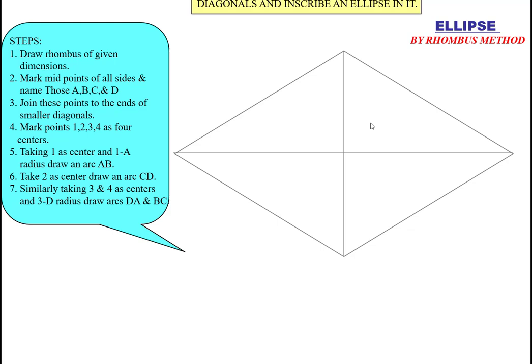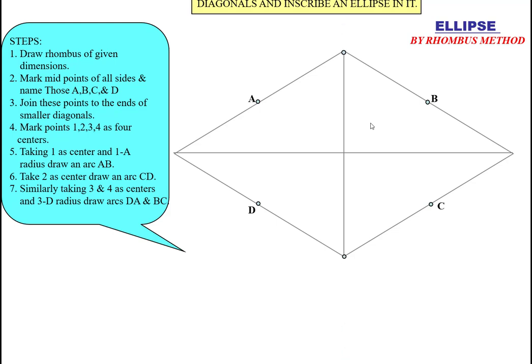So here we prepare a rhombus. In this rhombus we have to mark all centers of the sides of the rhombus. Name them A, B, C, D.